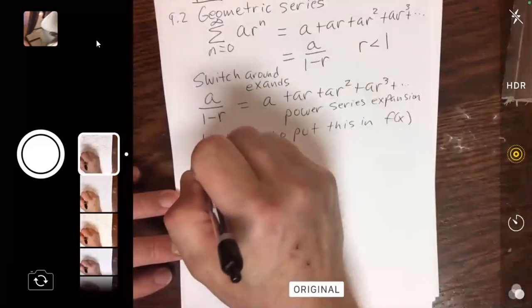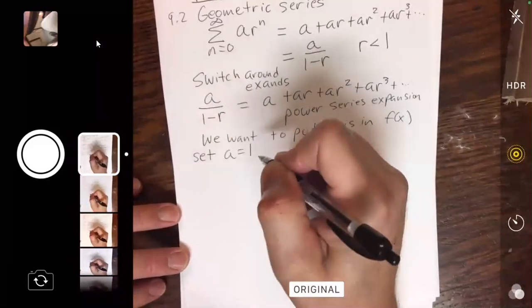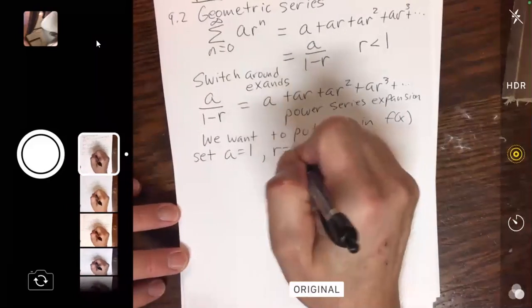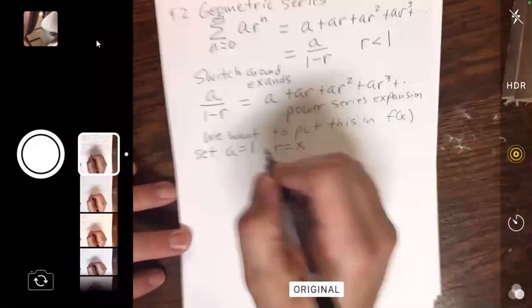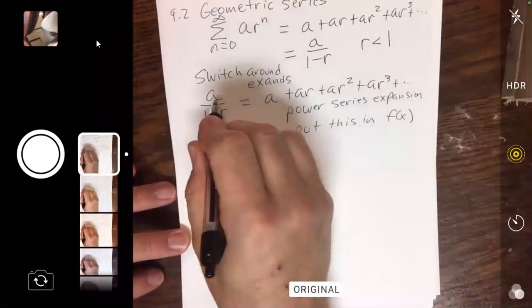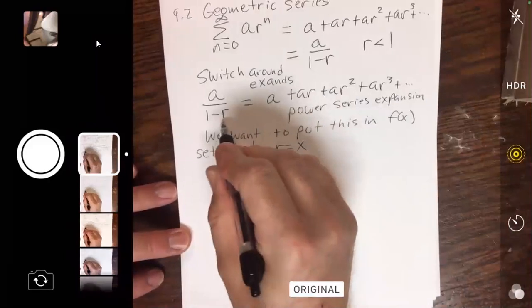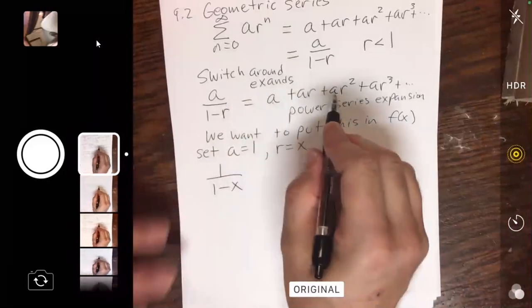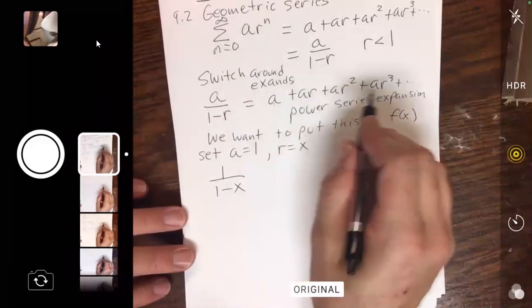So we're going to set a equals 1 and r equals x. So we have 1 for that a, 1 minus x for this r. So everywhere there's an a, we stick a 1, which in effect makes it disappear. And everywhere we have an r, we stick an x.